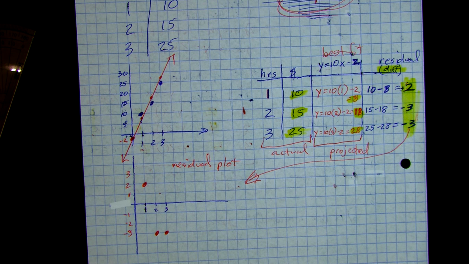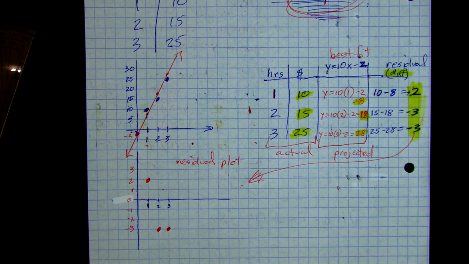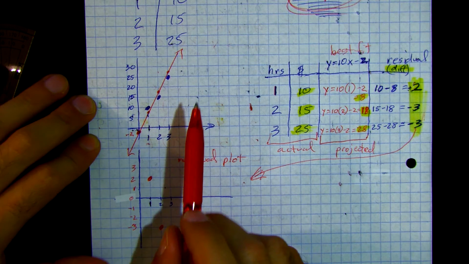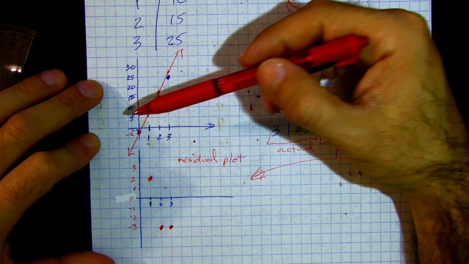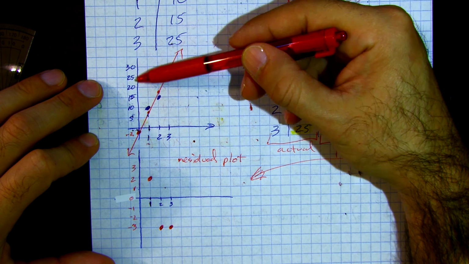Now, compared to the other one, which was a really good fit because most of them had 2 points that were on 0, for this residual plot, it doesn't look like it's a good fit. However, look at how these units are set up here, right?